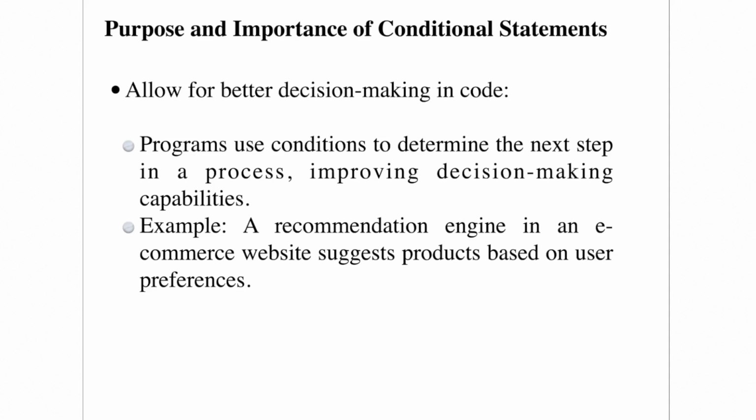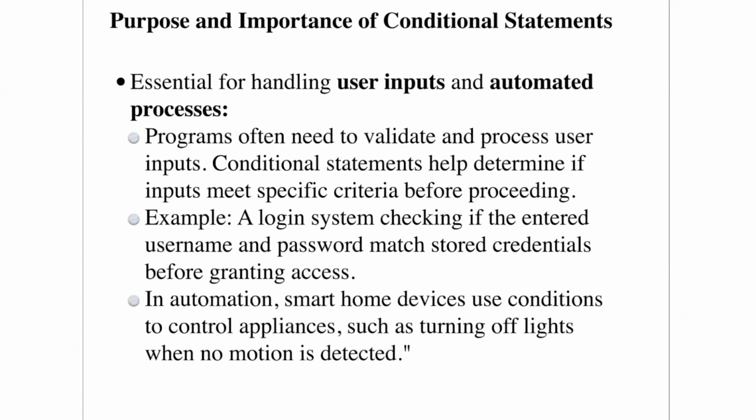The next purpose is to allow for better decision making in code. Programs use conditions to determine the next step in a process, improving decision making capabilities. Example, a recommendation engine in an e-commerce website suggests products based on user preferences. This is another purpose of conditional statements, essential for handling user inputs and automated processes.